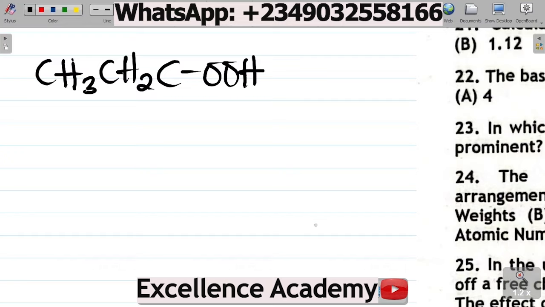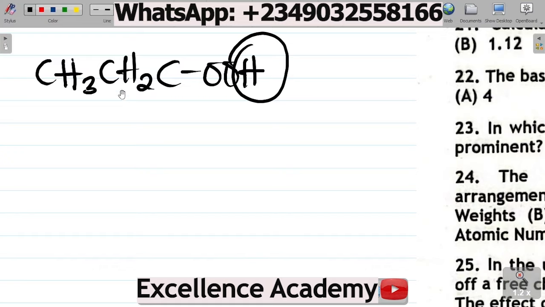And you're asked to find the basicity. Now, you want to note that the basicity of an acid refers to the number of hydrogen atoms that is replaceable by a base. So when we have this, how many hydrogen atoms here can be replaced by a base? For this question here, the only hydrogen atom that can be replaced by a base is this one here, which is the one attached to the radical, that's COOH here.